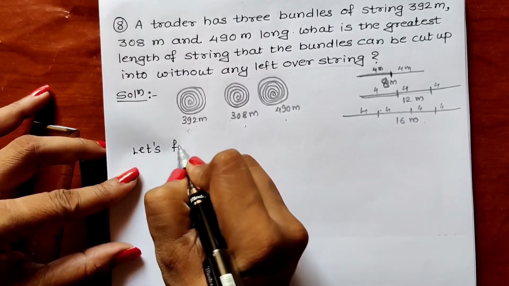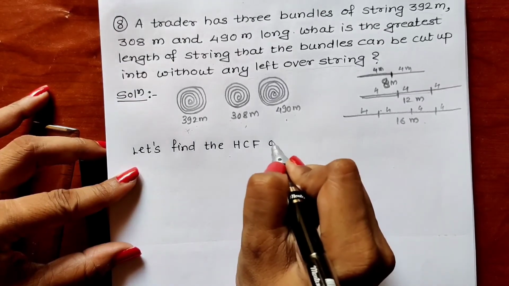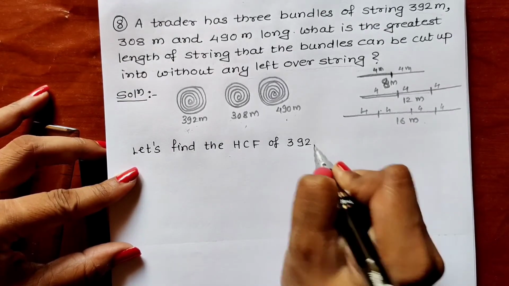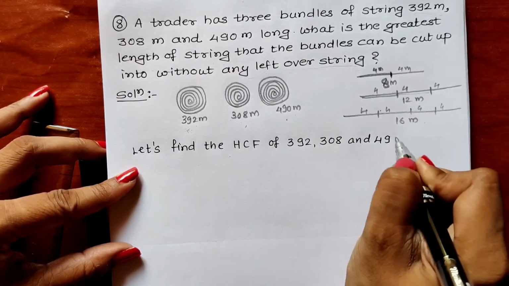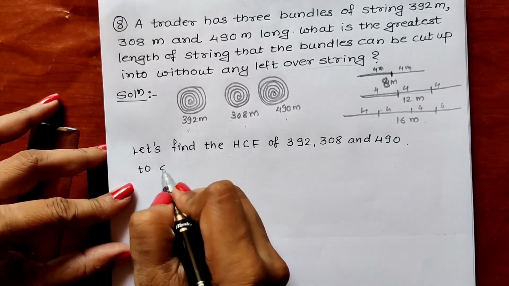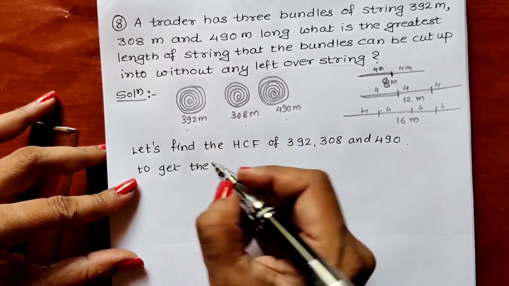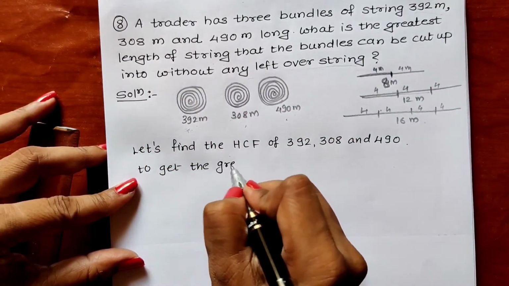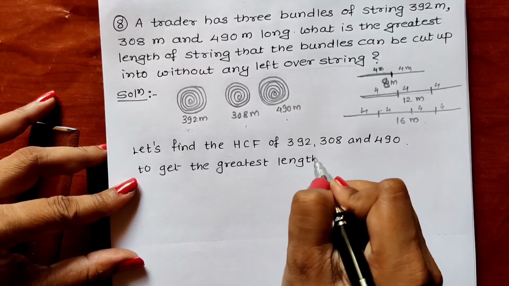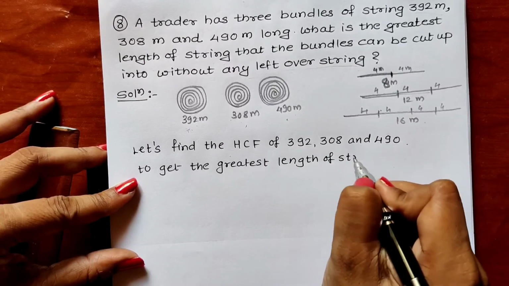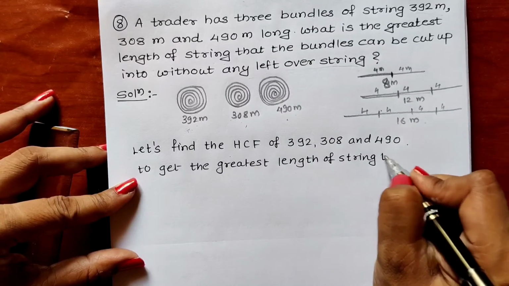Let us find the HCF of 392, 308 and 490 to get the greatest length of string that the bundles can be cut up.